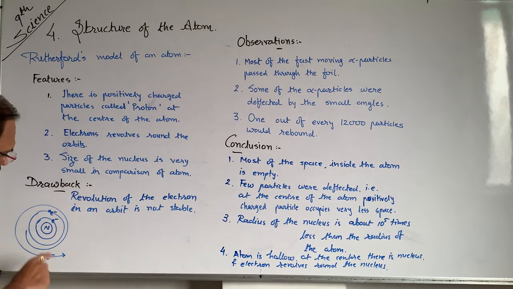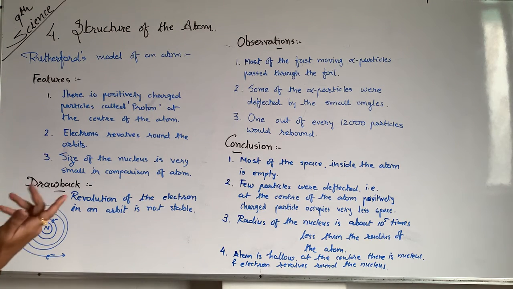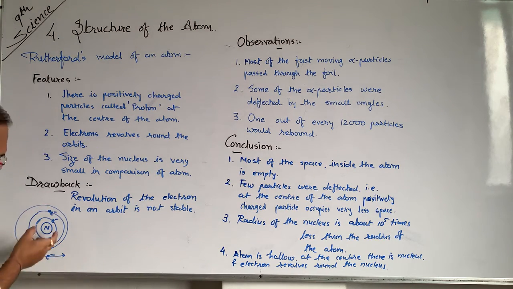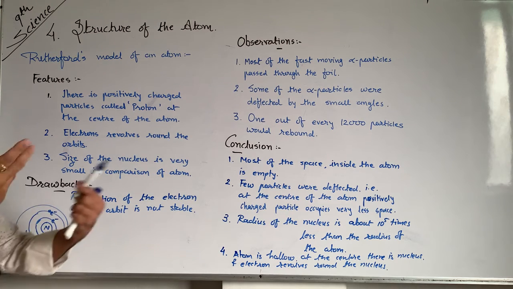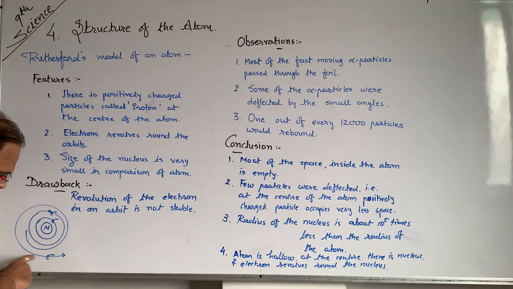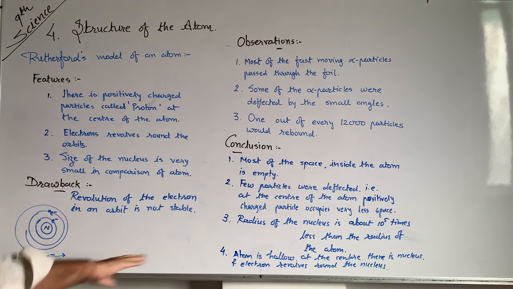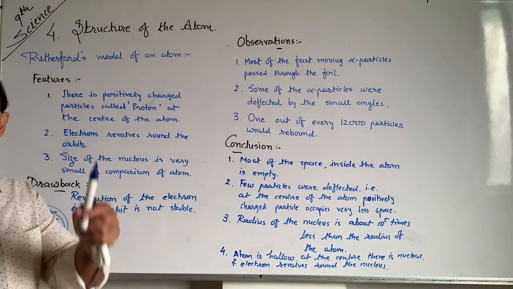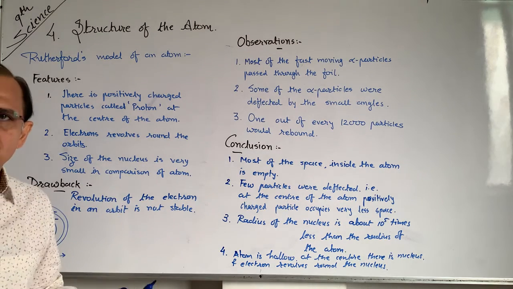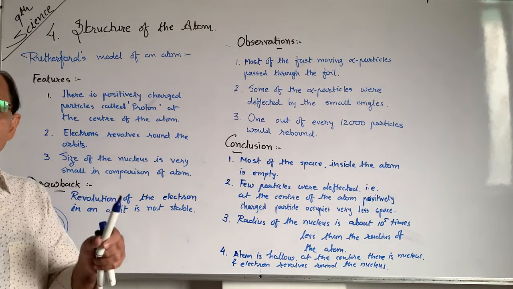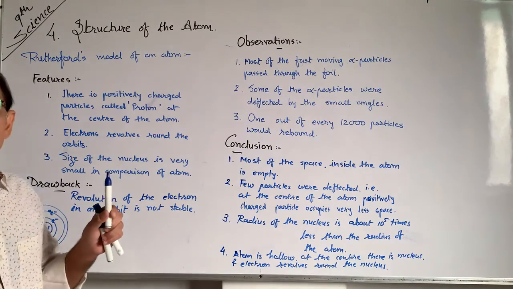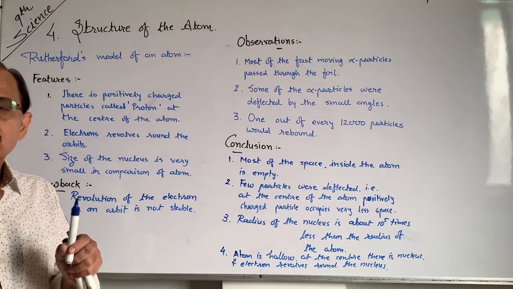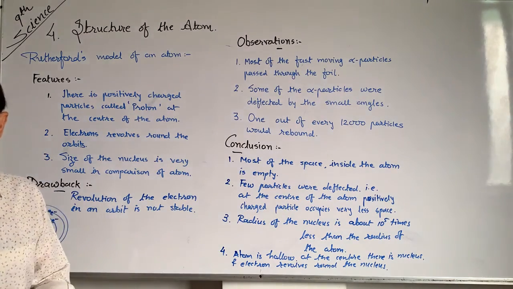Because of this acceleration, the electron radiates energy. If the electron loses energy, then after a certain time it moves away from the nucleus. That's why the number of protons and electrons would not be the same in the atom, and the atom is not stable. Actually, this is the drawback. This was the wrong thing.